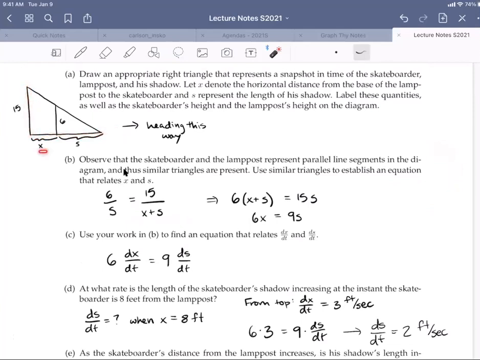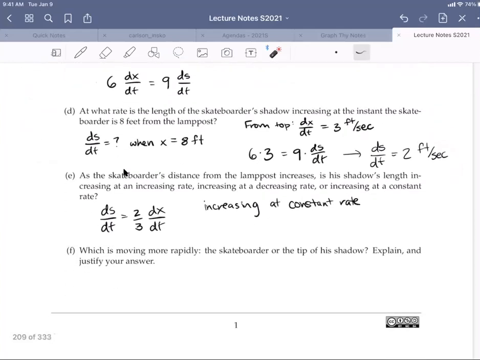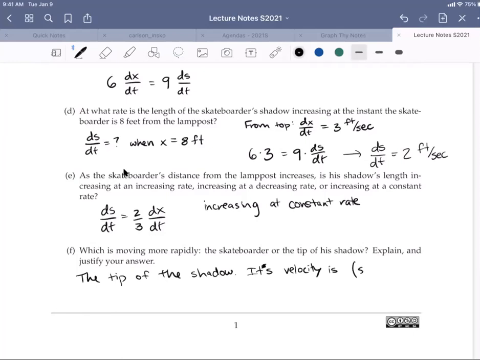So I would say the tip of the shadow. My justification is that its velocity is the derivative of s plus x, which is ds/dt plus dx/dt.